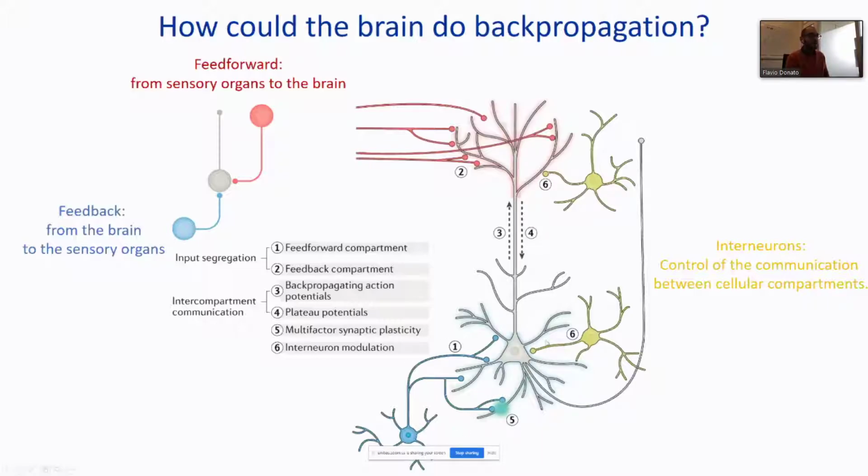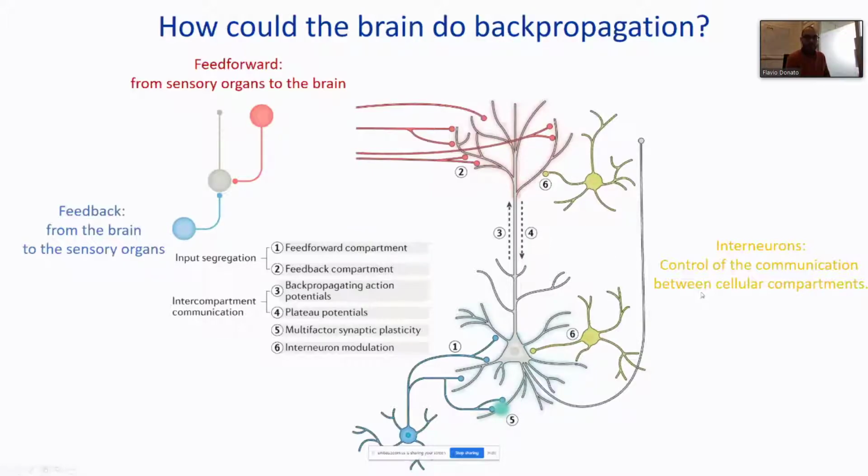A neuron in the brain usually has a shape, the most common being the pyramidal neuron that you should know, which has basal dendrites and apical dendrites. The feed-forward pathway seems to go on the basal part of the dendrites, and the feedback pathway seems to go on the apical dendrites. So you can get feed-forward and feedback to talk with each other, which is fundamental for backpropagation and for tweaking the weights, by getting them to be active at the same time and to transmit information from the basal part of the cell to the apical part of the cell.